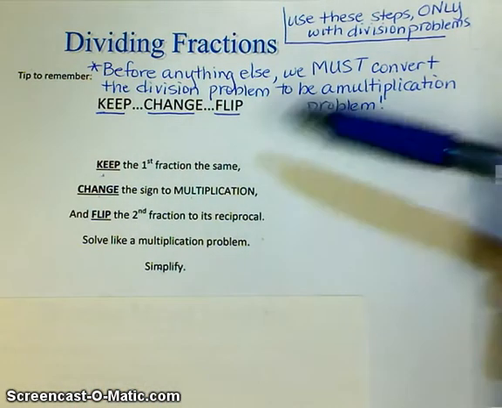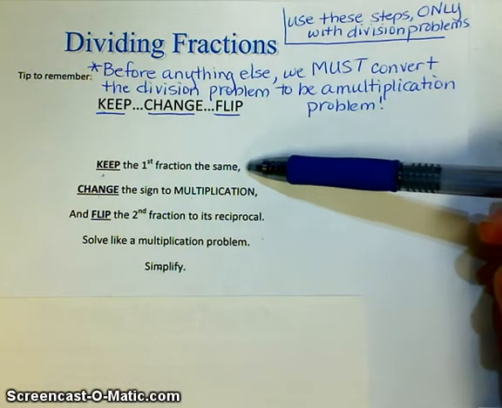Keep refers to keeping the very first fraction the same. That's the fraction that you're starting off with. In a division problem, you could consider it your dividend. That's what would go inside the house. Keep that first fraction the same.